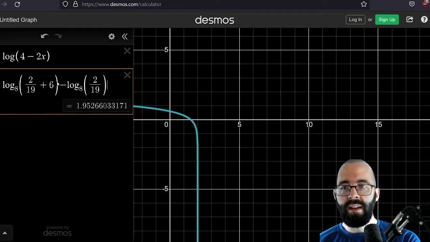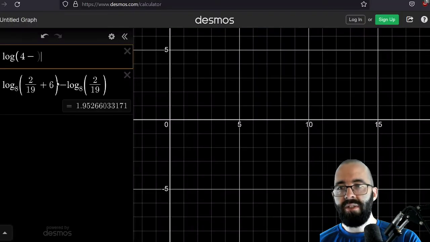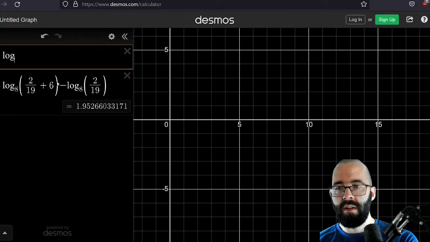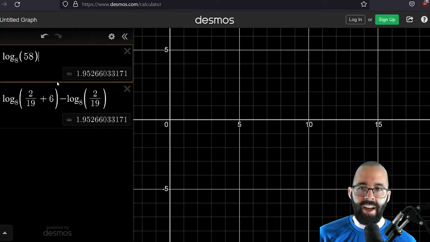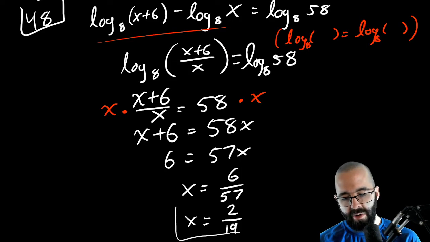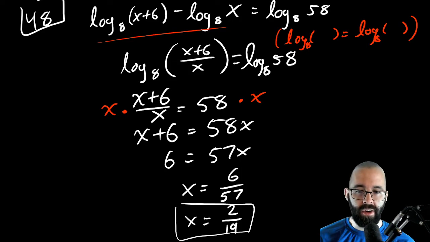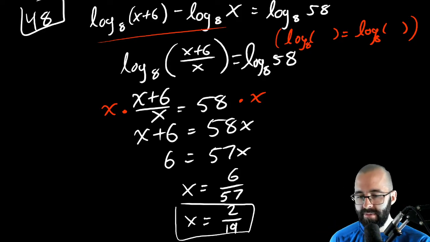The question is, is that equal to the right-hand side, which is log base 8 of 58? Ooh, great. They are indeed equal. So we know we're in the domain. Always make sure that we're not having any logarithms of negatives. And it equals.